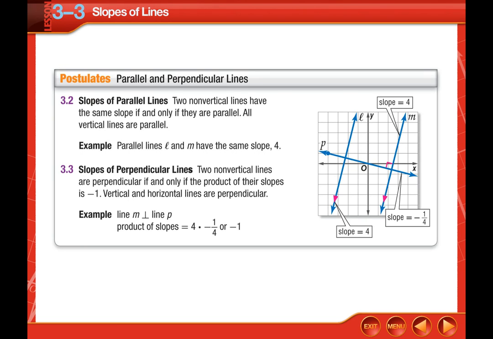And all vertical lines are parallel. In the case of perpendicular lines, two non-vertical lines are perpendicular if and only if the product of their slopes is -1. If I take those two slopes of the two lines and they, when multiplied together, equal -1, they are perpendicular.